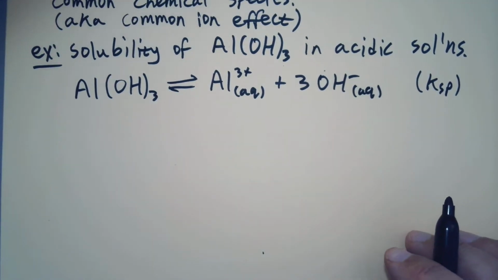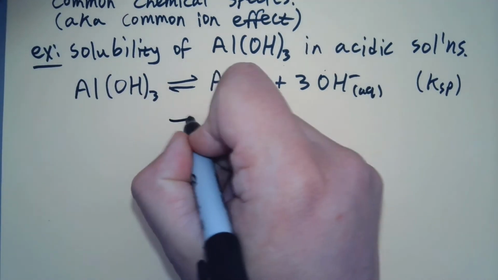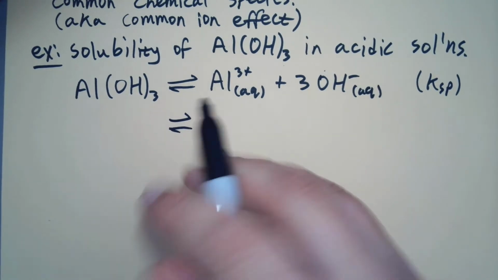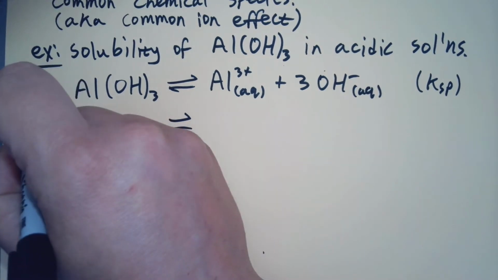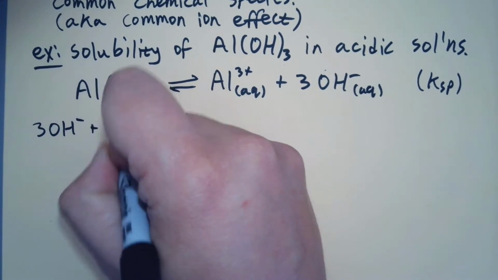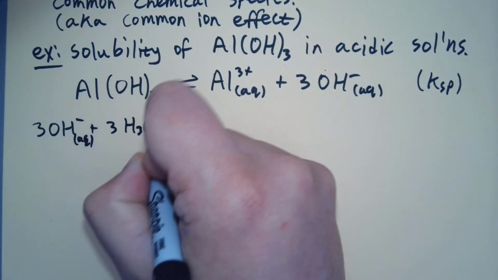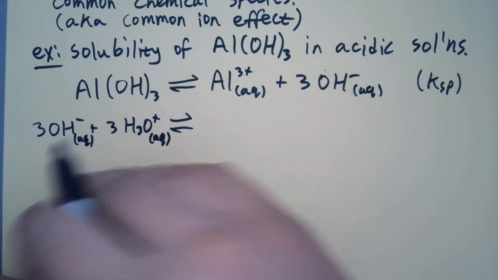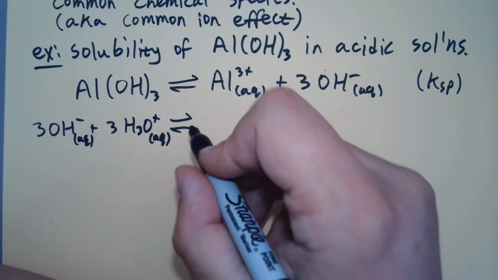Well, there's another equilibrium going on. This is in water, right? So there's also KW, and we can flip and triple it. You'll see what I mean in a second. And so I'm going to put these on the reactant side.